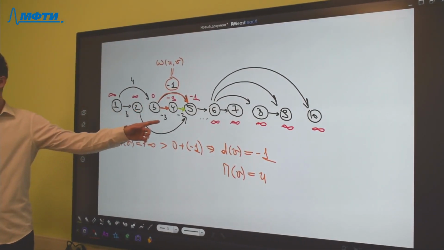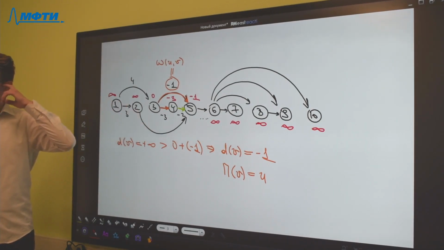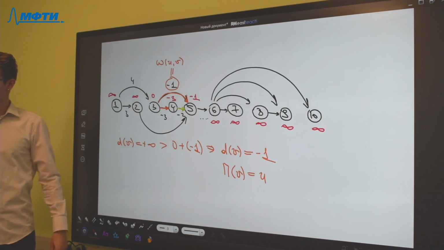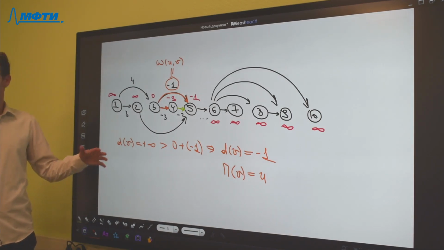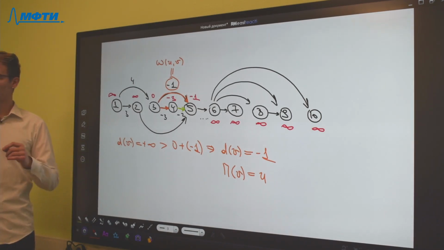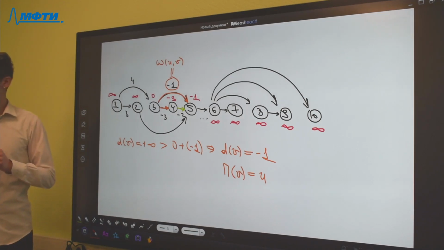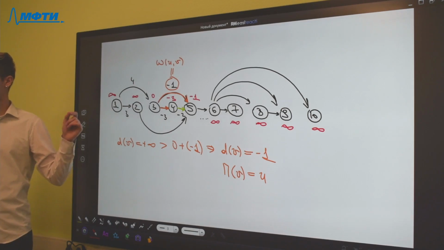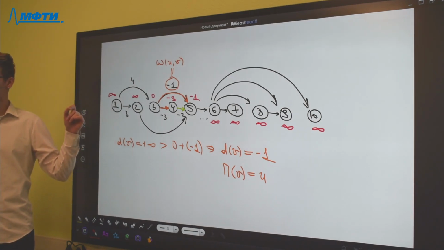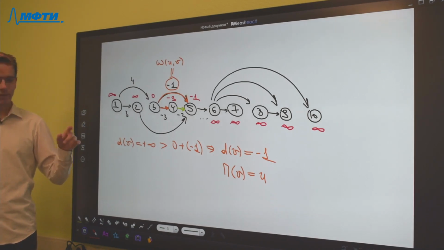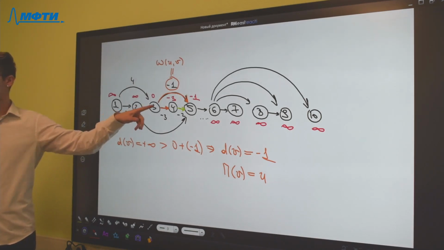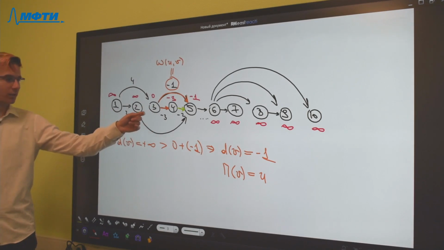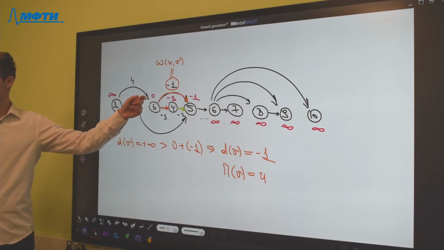What is the condition that we check to say that it is relaxed or not? We relax all edges, but it is important what is the order in which we relax edges. The order of relaxation of edges is equal to the order of the vertex at the start of the edge.